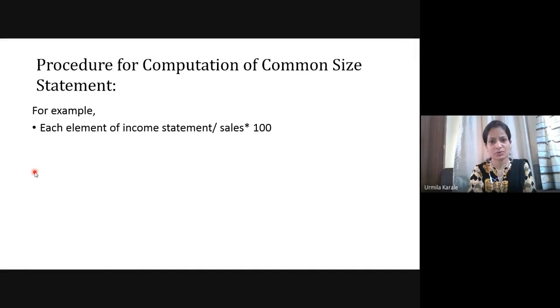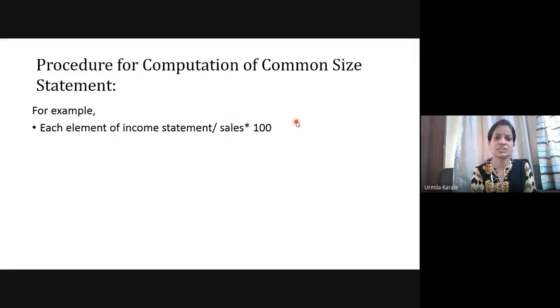The procedure followed, or the formula followed, is: out of sales, how much is that particular component, so out of 100 how much it is. When you consider sales as 100 and calculate the percentage of each component to sales, it is going to be a part of sales only.